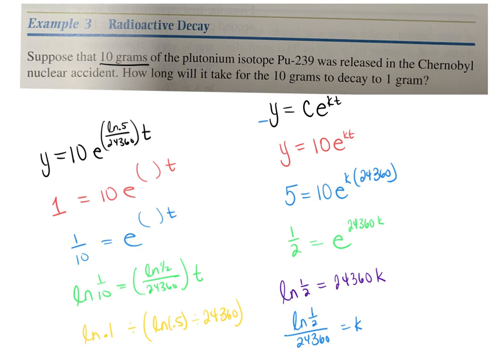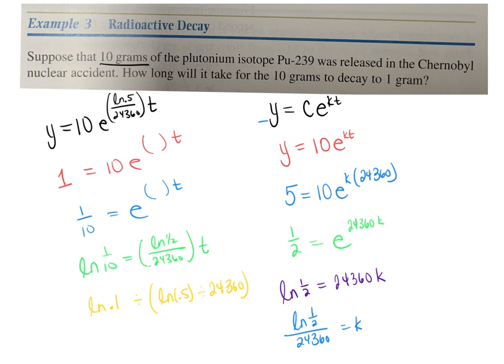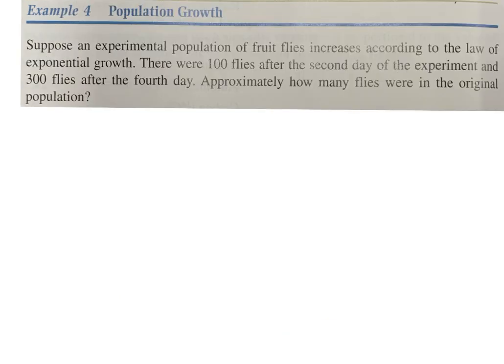So how long will it take in Chernobyl for only 10 little grams of plutonium to go down to 1 gram? 80,923 years.